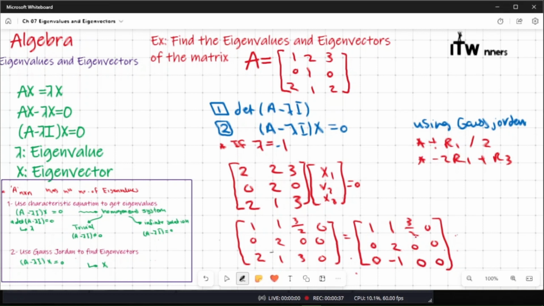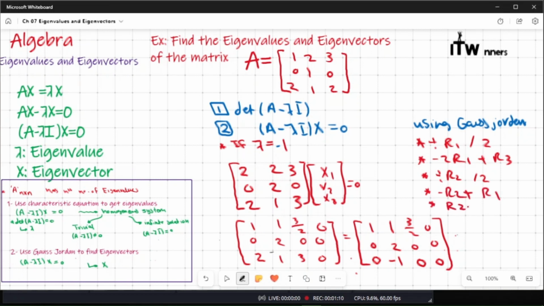Okay, again we just divide the second row by 2. Okay, multiply the second row by negative 1, then add to the first row.